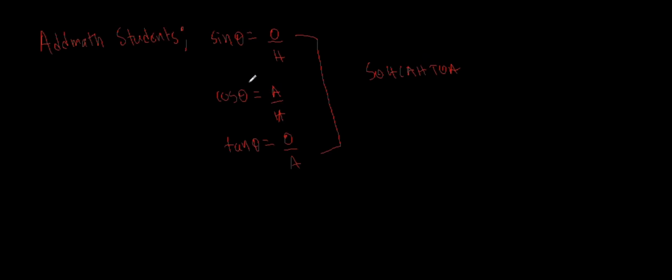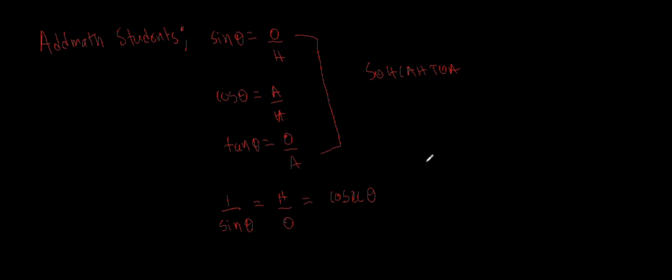But for ADDMATHS students, we need to take the reciprocal of these ratios, meaning we have 1 on sine theta, which is hypotenuse all over opposite, which we call COSEC theta.